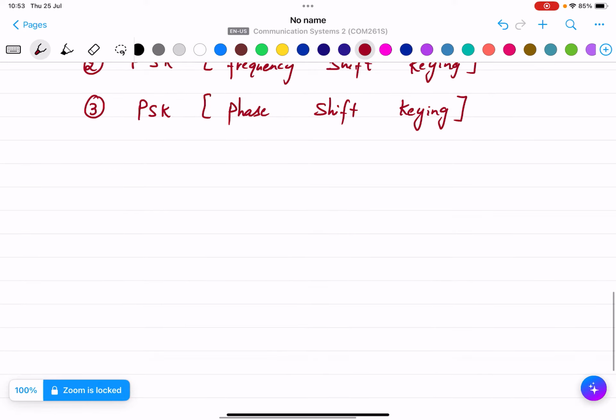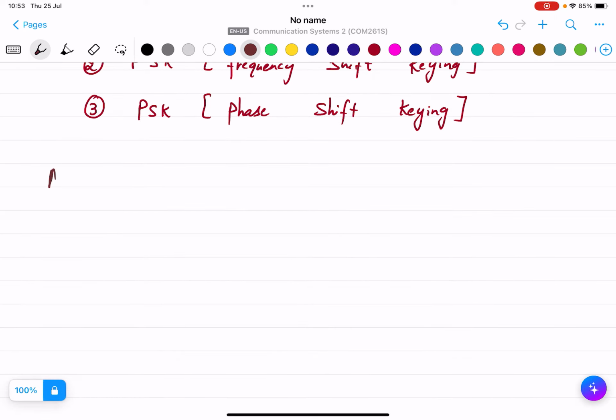So the first one, I'm putting the heading amplitude shift keying, which is known as ASK.